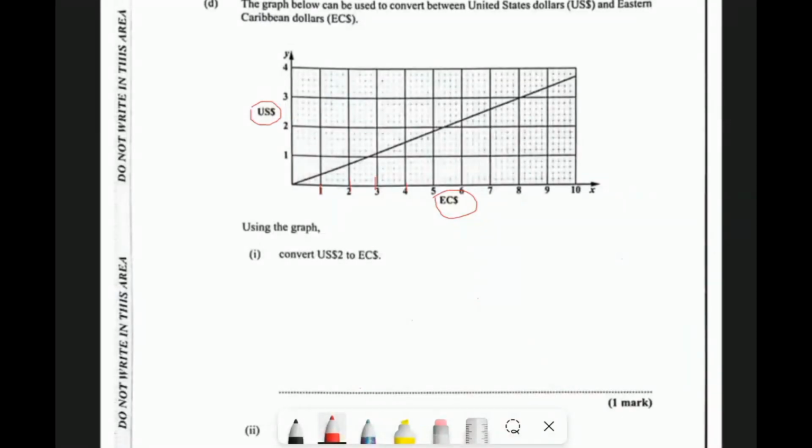So these are the big boxes and they go all the way to 10. And on the y-axis, it's pretty much the same, where one big box is equal to 1 US dollar. And it goes all the way up to 4. Right? So we have 4 big boxes.